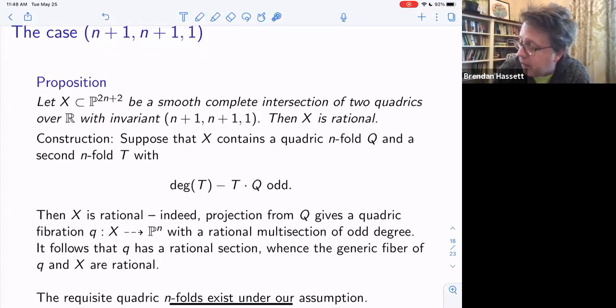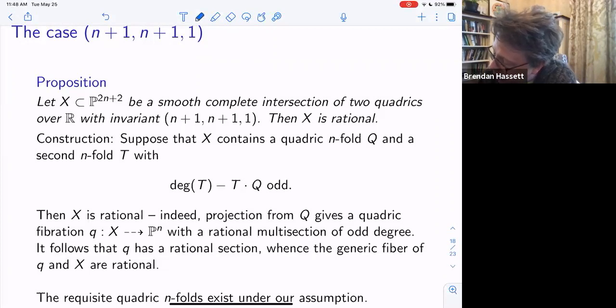So suppose that we have a quadric n-fold Q that's defined over the ground field. And we have another n-fold T that has a property that when I intersect it, the intersection with the residual subspaces is odd. And so then what happens here is we get a picture that looks like this.